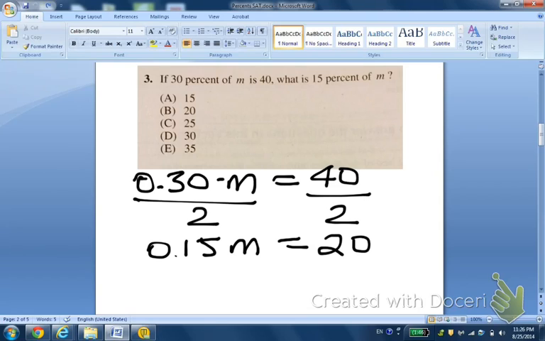And that's what the question wants. What's 15% of M? Right away you see that 15% of M is just 20. And the correct answer is B.